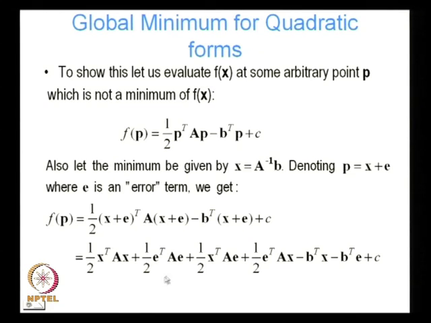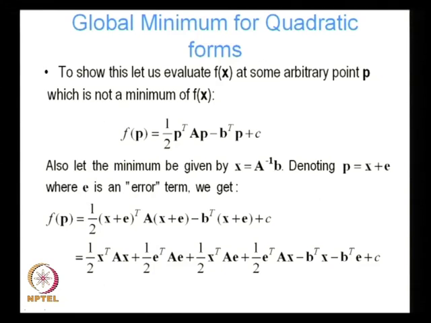At p, the quadratic form assumes this function value, and let us suppose that the minimum is given by x, which is equal to A inverse b. So, we denote p equal to x plus e, where e is an error term, because p is not equal to x, x is my true minimum, and I denote that difference by the vector e.